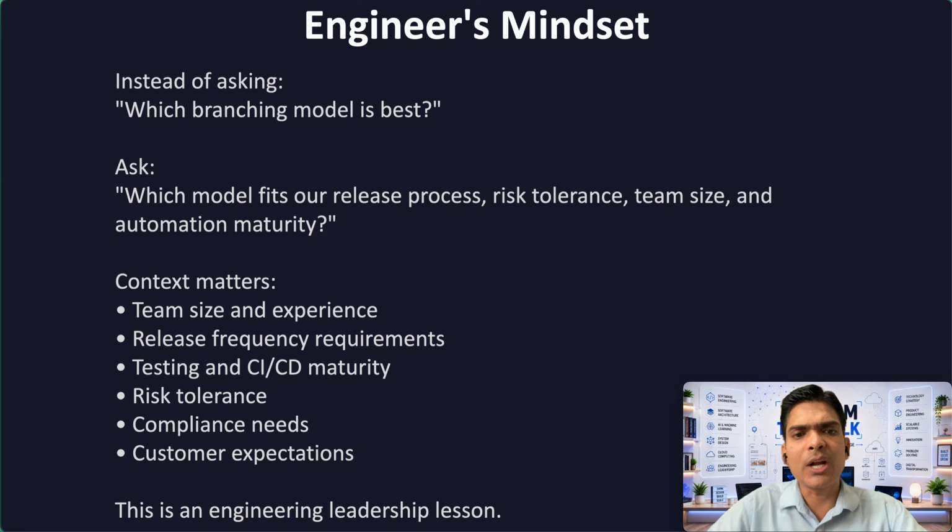Release frequency requirement: how often do you need to ship to production? Testing and CI/CD maturity: can you trust automated tests? Risk tolerance: how much risk can you accept? And compliance needs: do you have regulatory requirements? Customer expectation: what do your users expect?